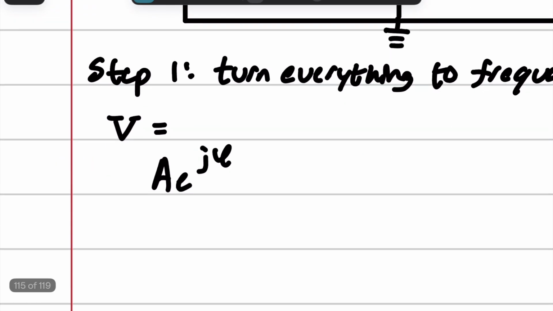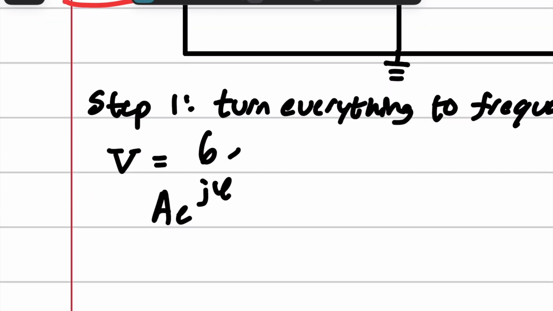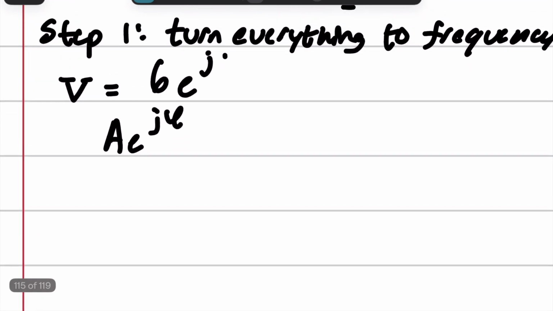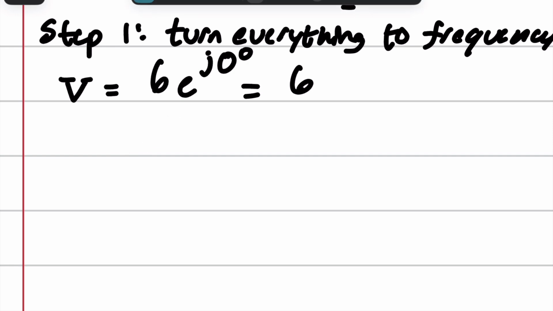So we simply copy this down: 6 e to the j, and there is no phase, so it's just 0 degrees. And from our simplifications, e to the j0 is just 1, and so we get 6. The voltage is going to be 6 in the frequency domain.